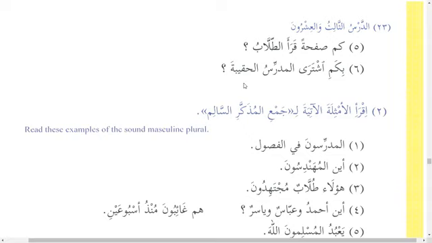Similarly, 20 and the rest are also flexible. So if they are used as subject, they will be in the nominative, and if they are in the place of the object, they will be in the accusative, as we can see here in this case. Okay, number 2, who is going to read number 2?